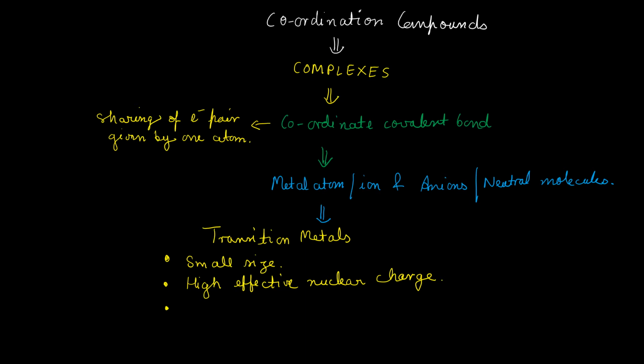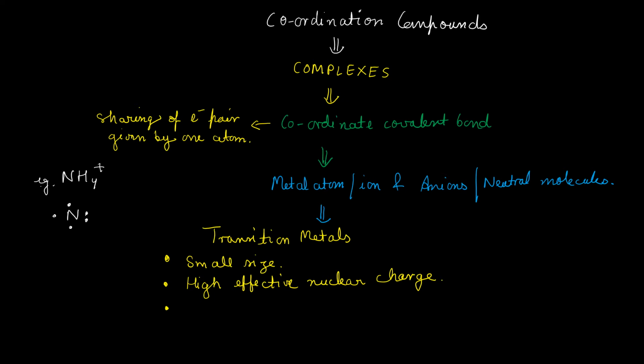For example, ammonium ion. In ammonium ion, both types of bonds are there. That's why I have taken this example of ammonium ion. In ammonium ion, nitrogen has one lone pair, and nitrogen has 5 valence electrons, 1, 2, 3, 4, 5.